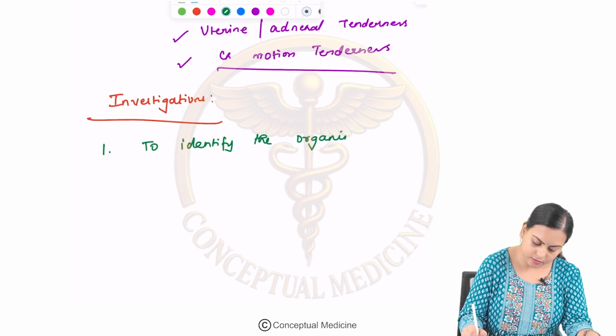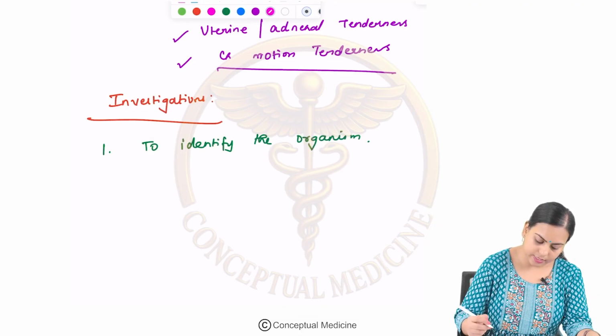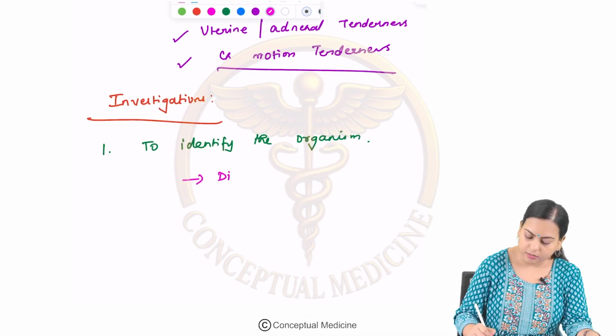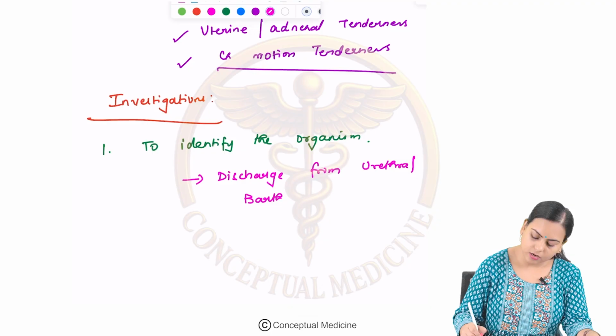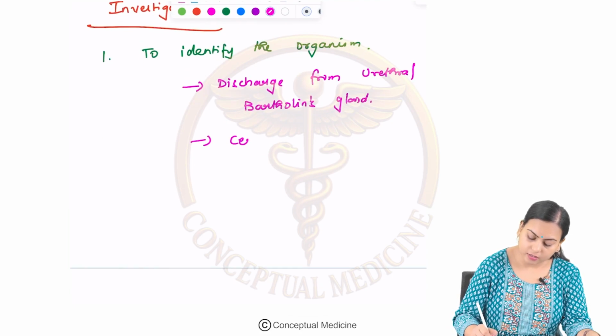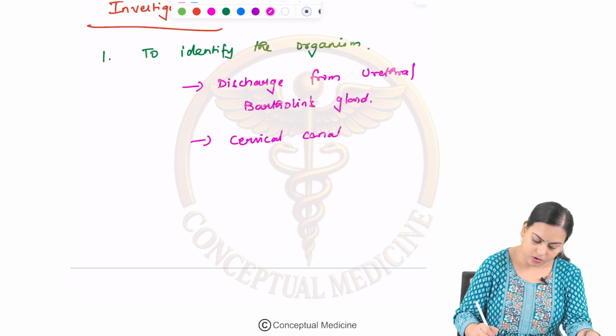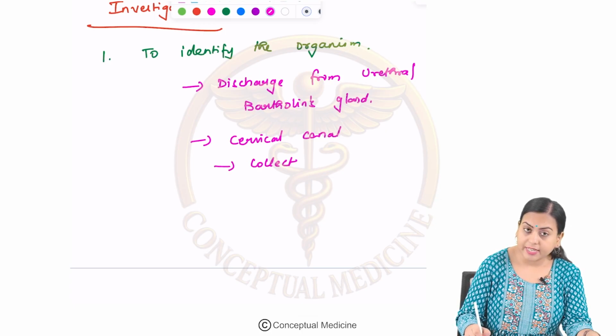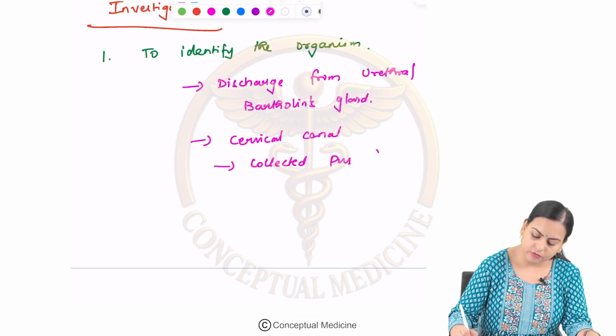For that, you have to send the discharge from urethra or Bartholin's gland, cervical canal, or the collected pus from fallopian tubes.